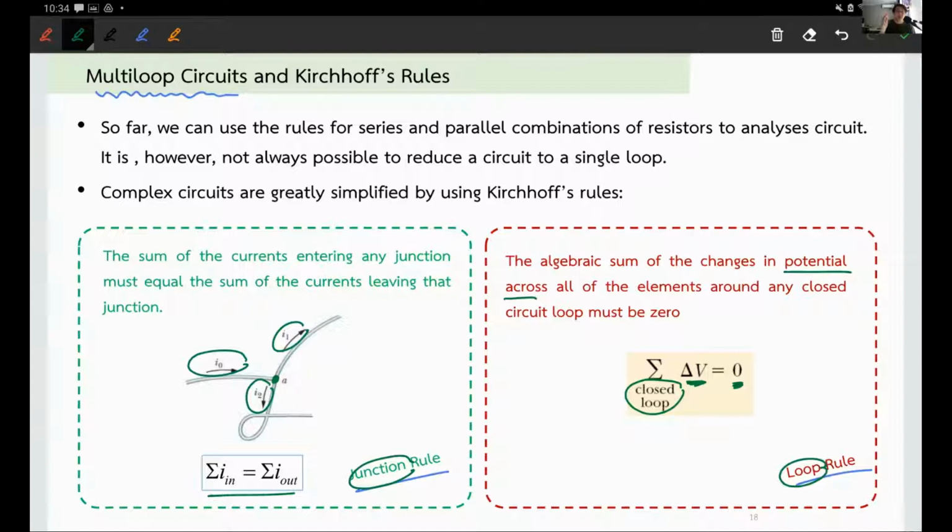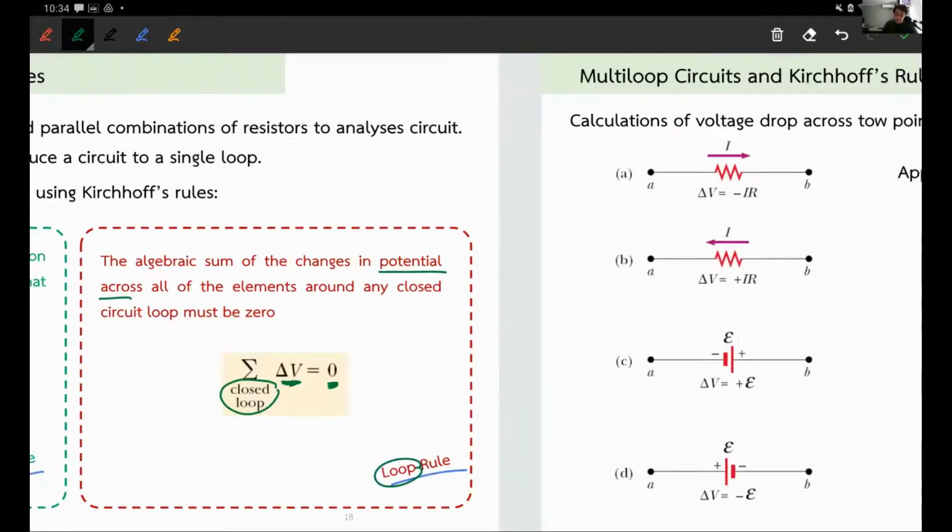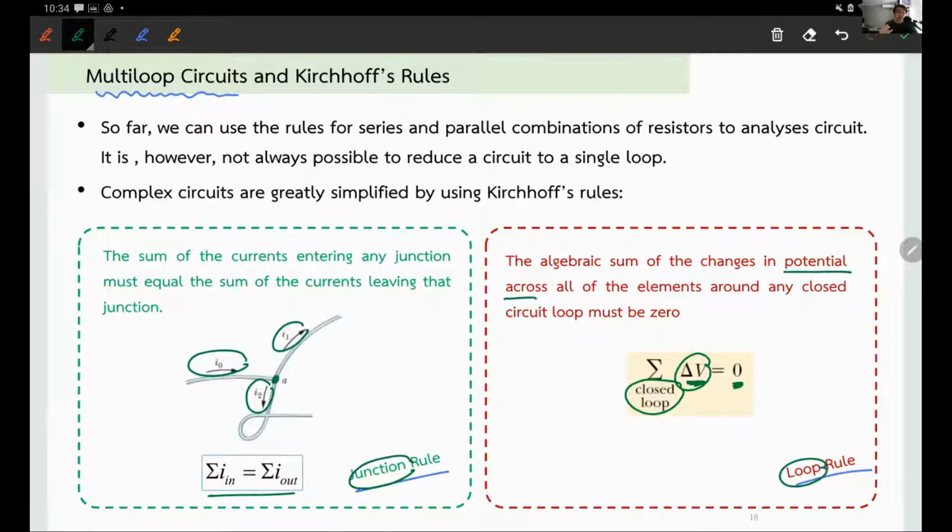I'll show you how it's done right here. The point of applying this is simple. You combine this with Ohm's law. There's only one thing you can do: V equals IR. Well, that's not all you care about, but that's what you're going to use a lot. Plus, in the loop rule, you have to collect all the potential differences across all the elements in your circuit.